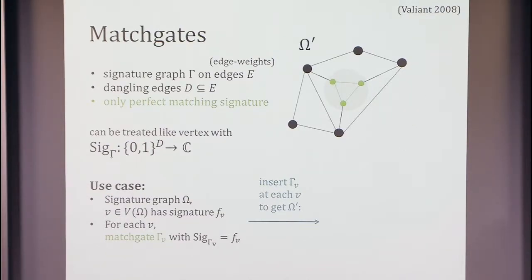Yeah, this was an insertion of a matchgate at v. And then you can check by a very simple calculation that this operation preserves the Holant. So the definition of these signatures and the definition of Holants allow you to just show this equality, which is great because now you end up with an instance for a Holant problem where all signatures are the perfect matching signature. So in other words, you end up with a problem of counting perfect matchings, as we've seen on that previous slide.